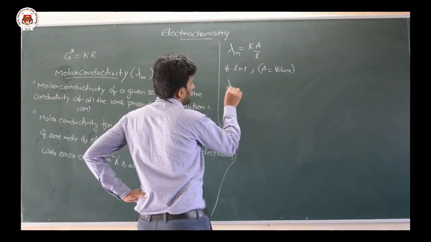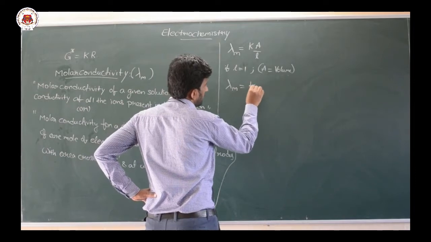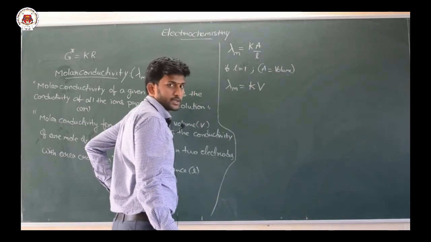That means lambda m can also be given by the formula K into V.